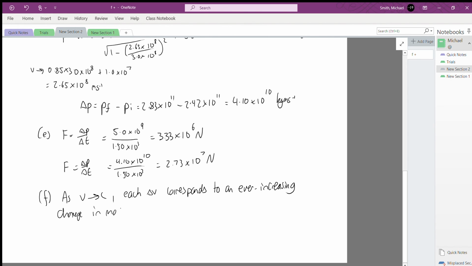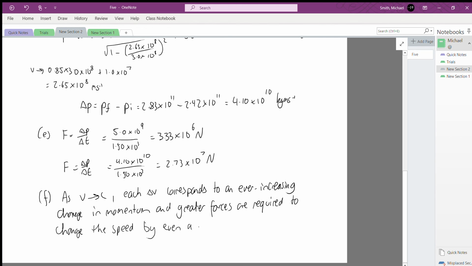In momentum and greater forces are required to change the speed by even a small amount. And if we were to reach the speed of light, an infinite force would be required.